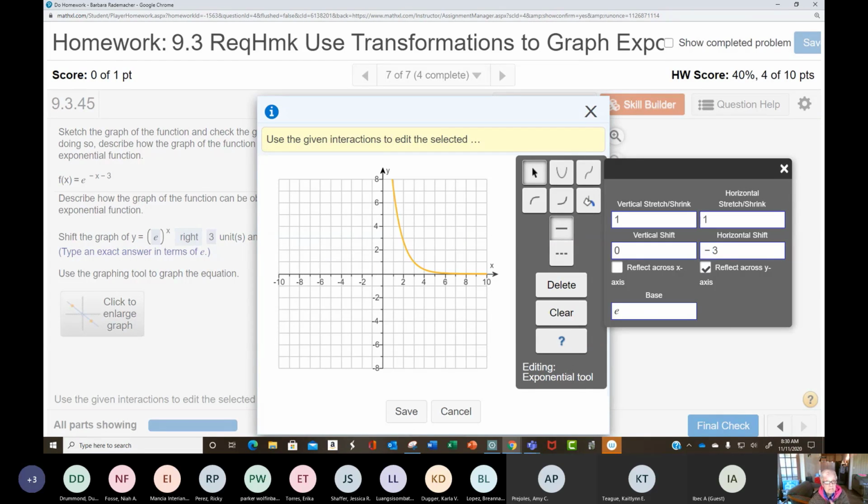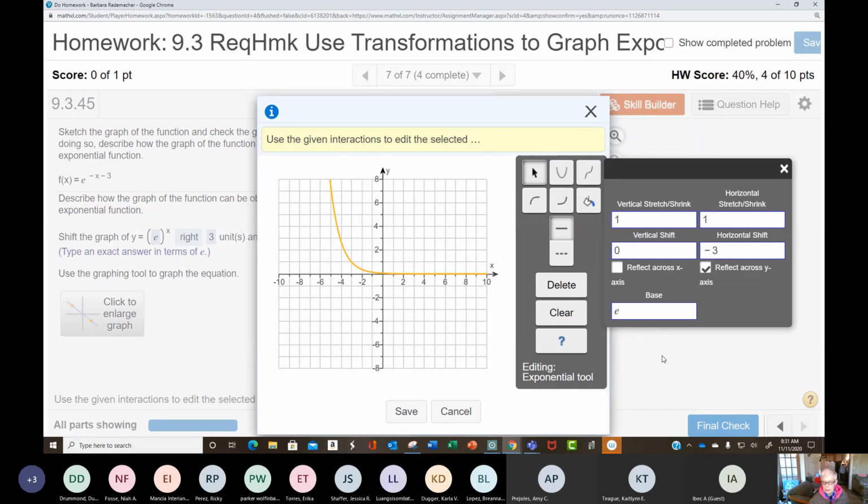However, I think you've got two different people programming this. That's not the way our graph looked, is it? Wait a minute.